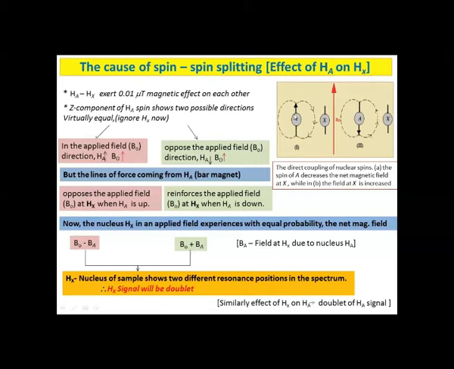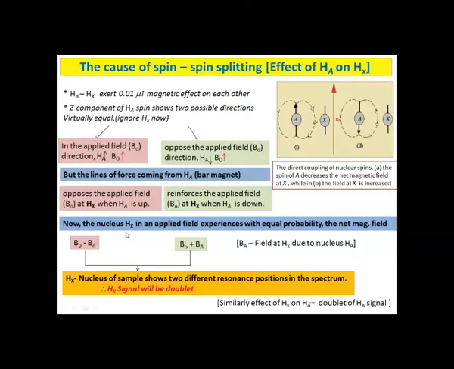The lines originating from the top of HA, which is considered to be a bar magnet, oppose the applied magnetic field direction when HA is up, and this happens near the HX protons. Similarly, the lines originating from HA when it is pointing downwards at HX, these lines of force reinforce the applied field.